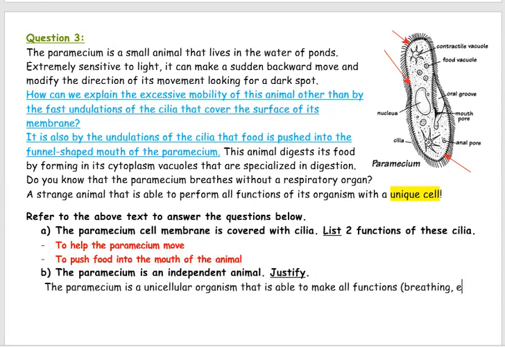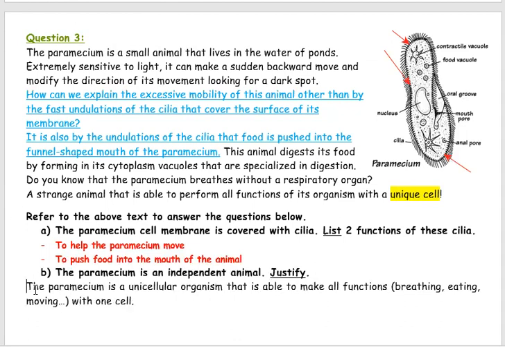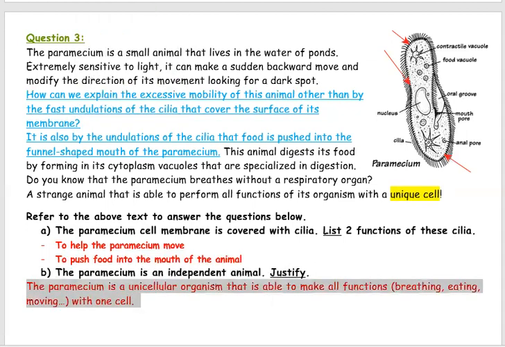Breathing, eating, moving, etc. with one cell. Okay, so it has vacuoles to eat, it can breathe without a respiratory organ. It moves using its cilia. And all of this happens with one cell only.